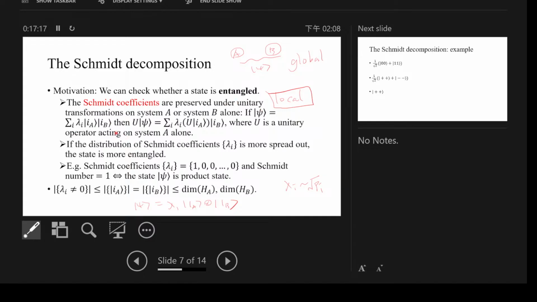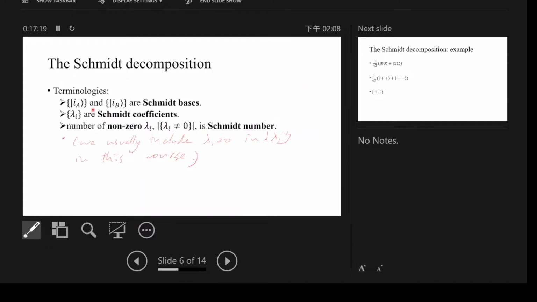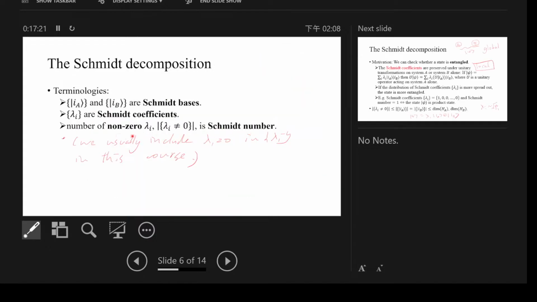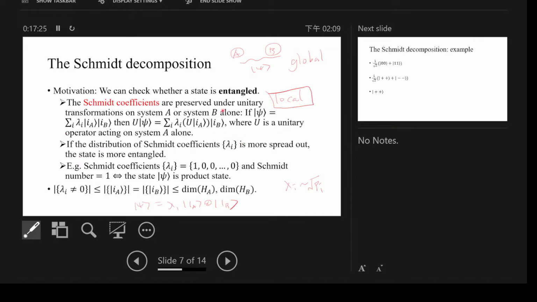If the Schmidt number is just 1, then your state is not entangled. If the Schmidt number is greater than 1, then your state is entangled. If your Schmidt coefficients are 1, 0, 0, 0, with Schmidt number 1, then your state will be a product state. This is if and only if. This is the thing that people use most.